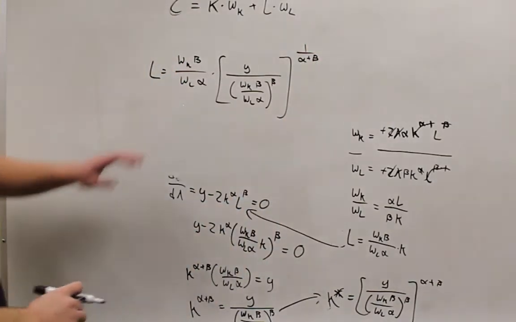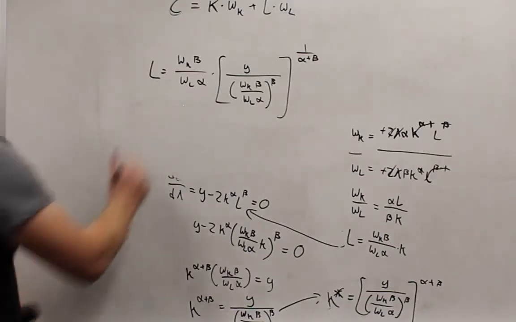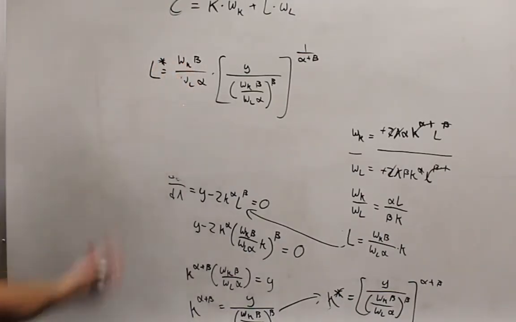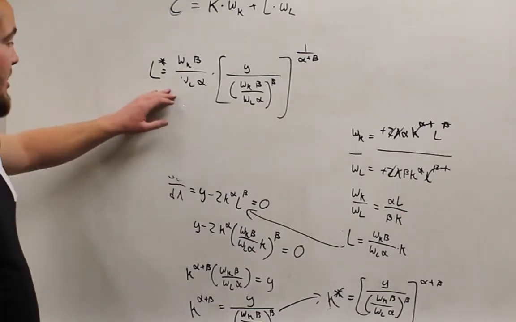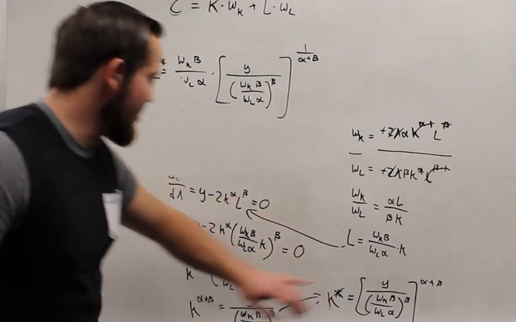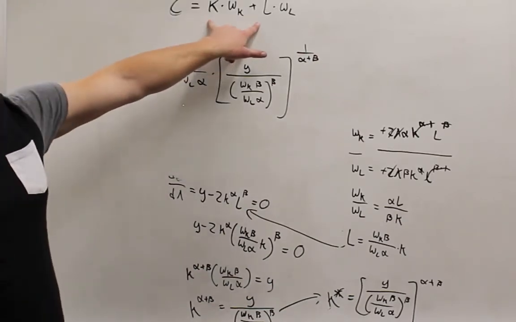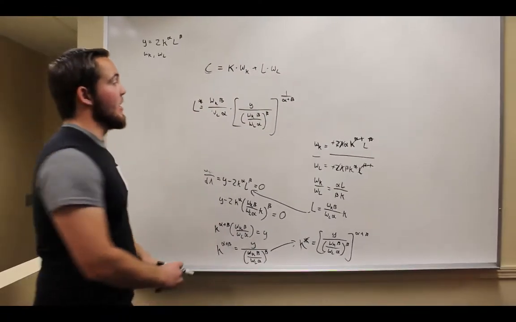Okay. Now, once we have our k star and our L star, you're pretty much done finding the optimal cost minimization. What I do with these is I take this, and I take this, and I plug those in for my k and my L. I could write it out for you if you like.